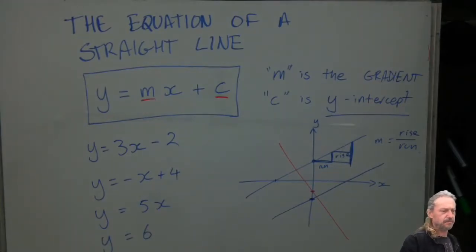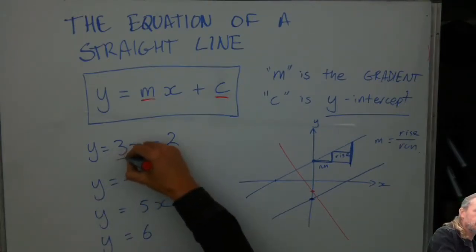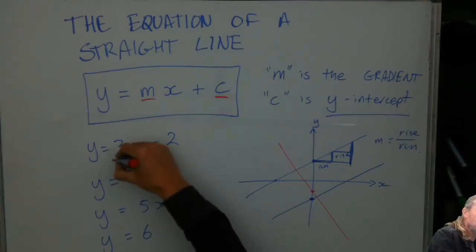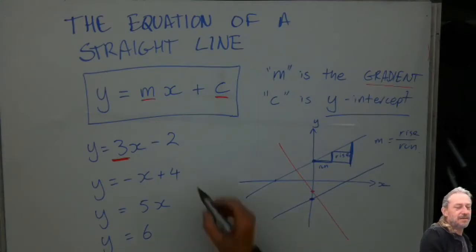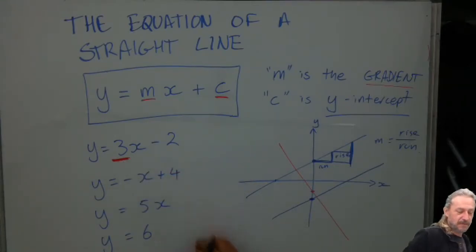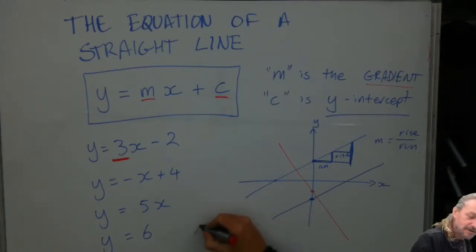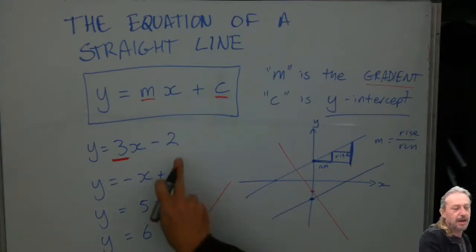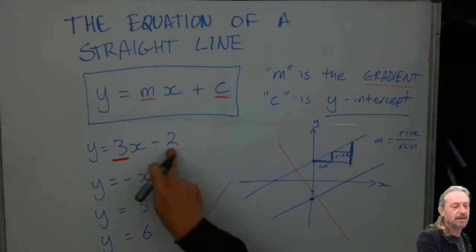Okay, so this one has a slope of 3, gradient of 3. I should stick with gradient, which means that for every one step in the x direction, it goes up 3, so it's quite steep, and it crosses the y-axis at -2.